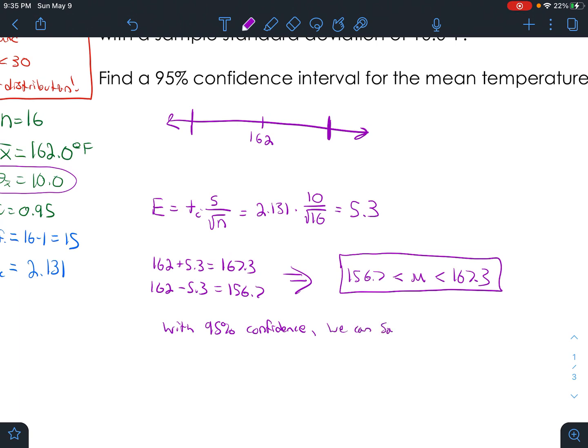we can say that the mean temp of coffee sold is between 156.7 and 167.3 degrees.